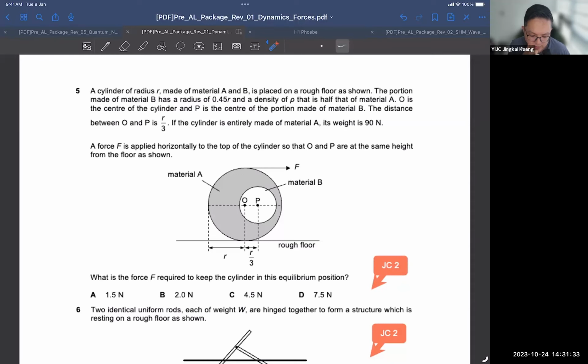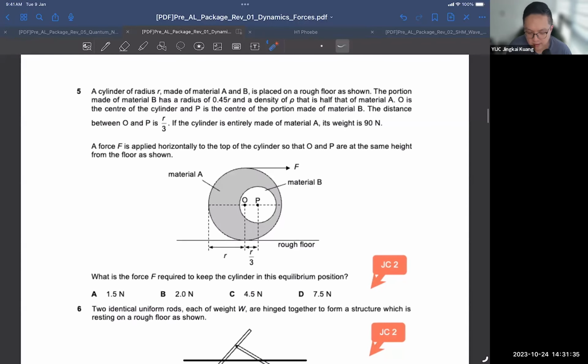Wow, what's so complex? I haven't tried this question yet, so we wing it and see. If the cylinder is made entirely of A, its weight is 90 newtons. Force is applied at F. How to do this?